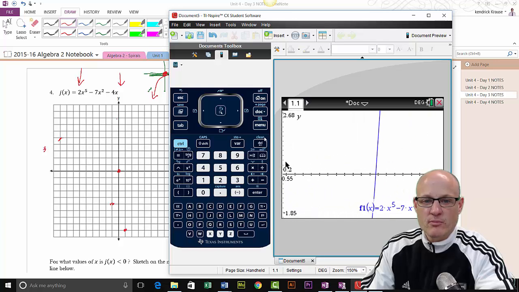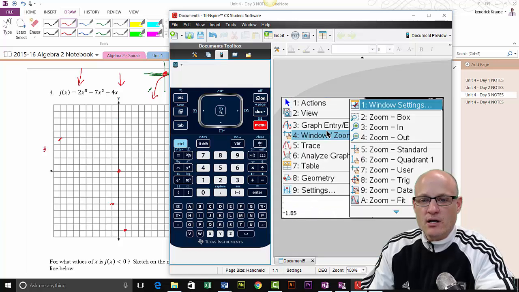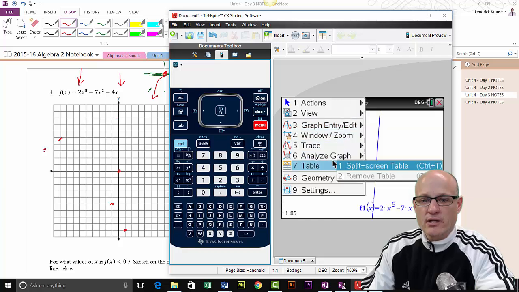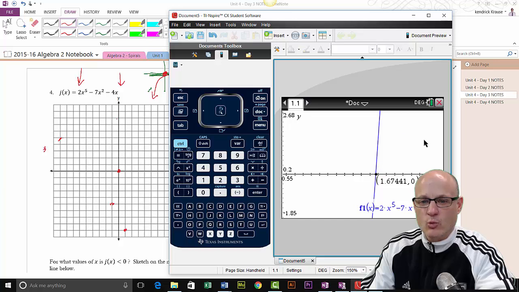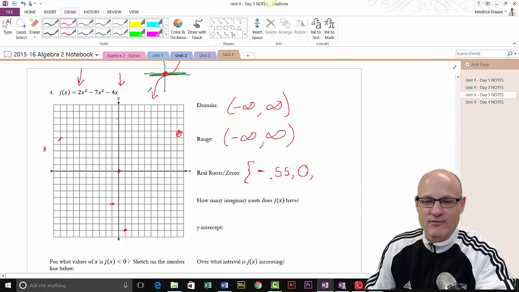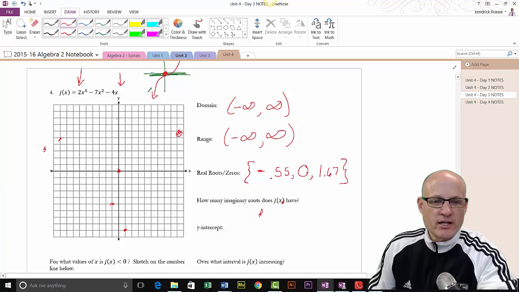It's over here. So we're going to go menu, analyze graph, 0, click, click, and that's at 1.67. So at negative 0.55 and 1.67, I have some roots.